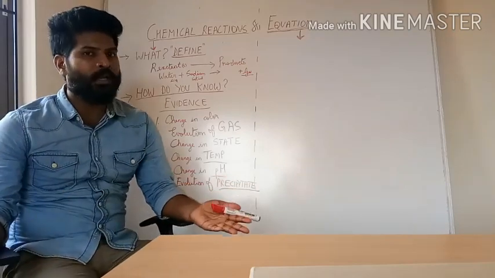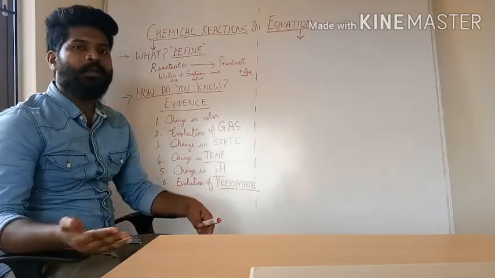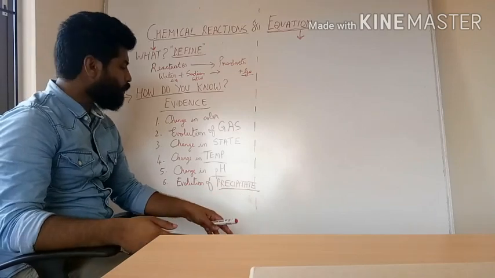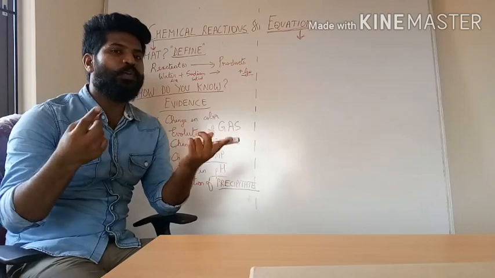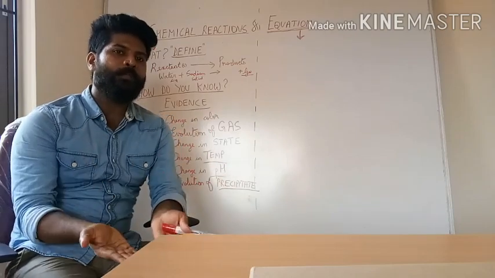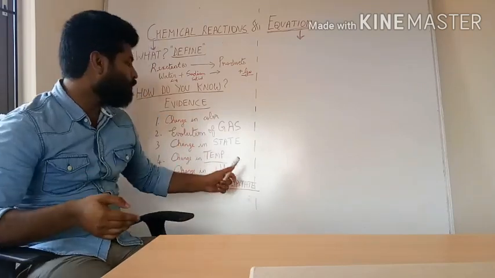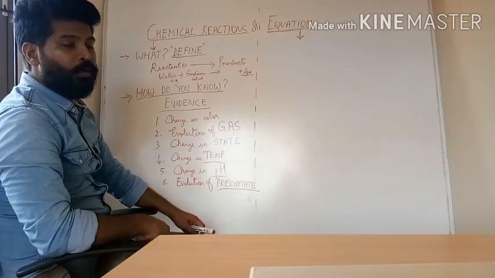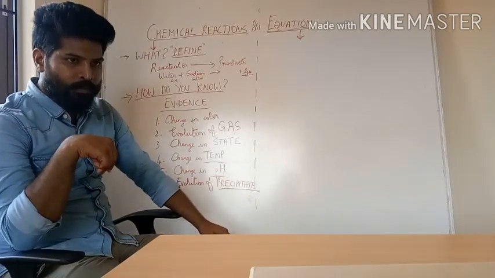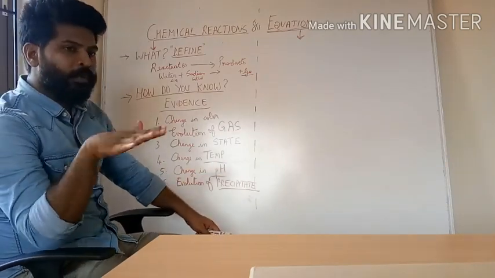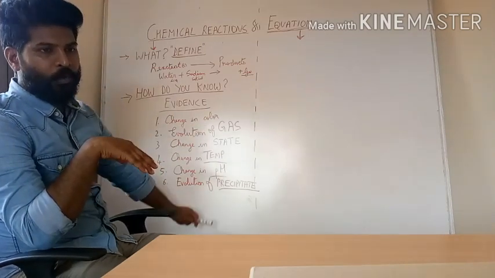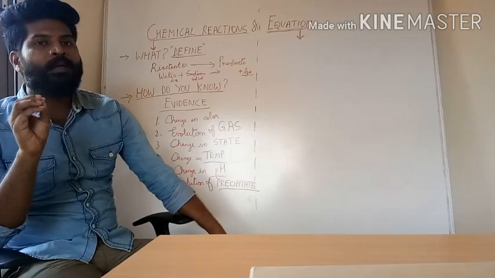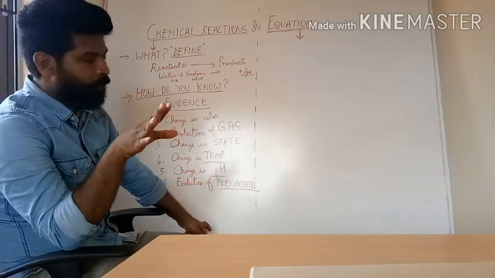Precipitate could be of different color again, yellow color, white color, brown color, etc. So when you mix two solutions, one of the products will be insoluble and it will come out, and that's what is called as a precipitate. So you carry out a reaction, and if you observe any one of these six, you are sure that a chemical reaction has taken place.